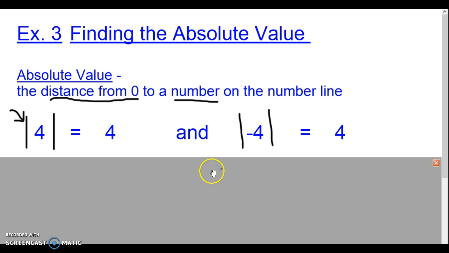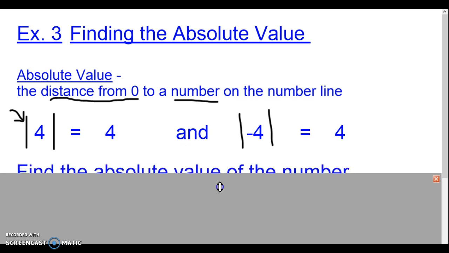And on a number line, if I draw out a number line, and I had 0 right here, then I have 1, 2, 3, 4. You would agree that my number 4 is 1, 2, 3, 4 spaces away from 0.